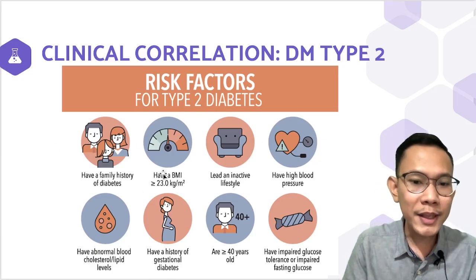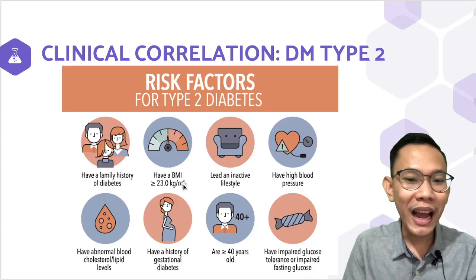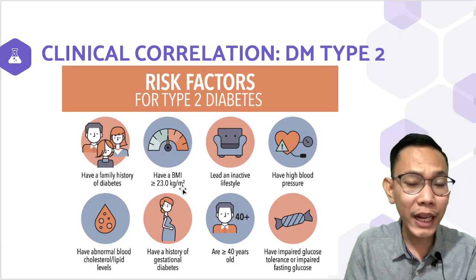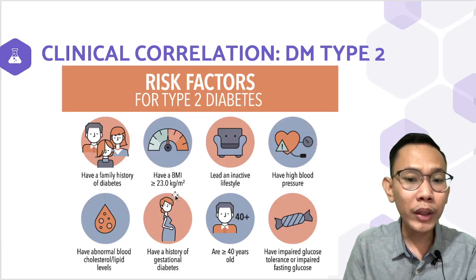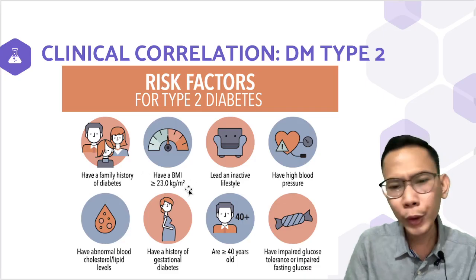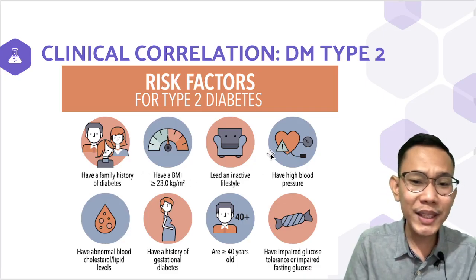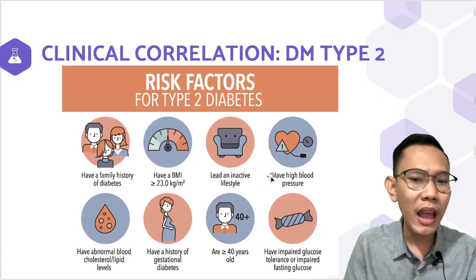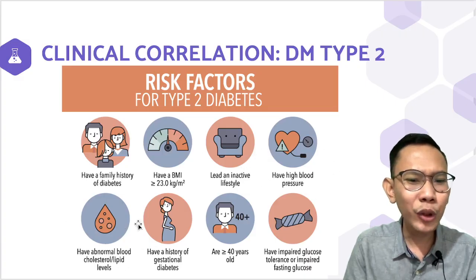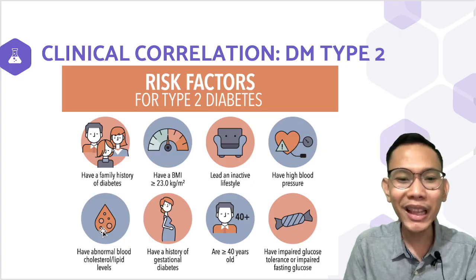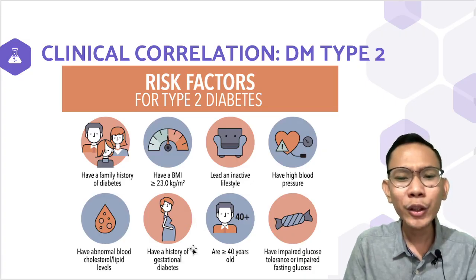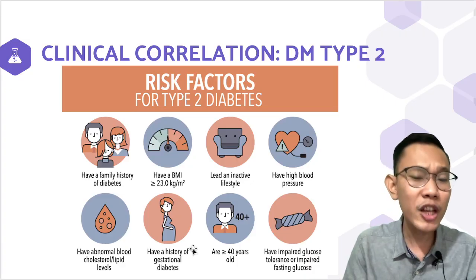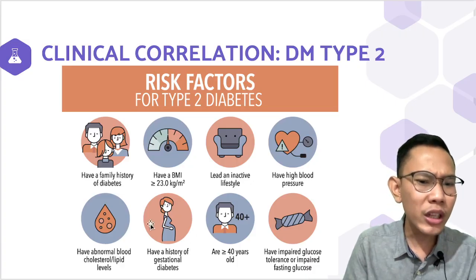Next, we have a BMI or body mass index of greater than or equal to 23 kg per meter square, or mga lifestyle activities natin. If you are very inactive, high blood pressure, have abnormal blood cholesterol or lipid levels, or pwede din, you have already a history of gestational diabetes.